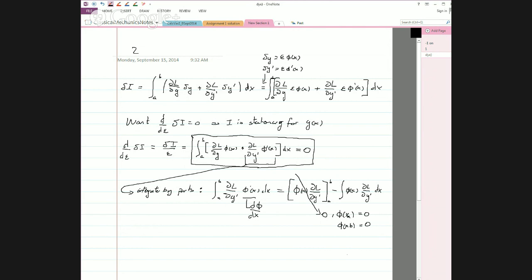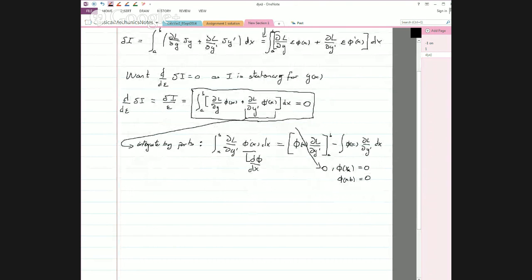Okay, so if we go back to our integral now, we've evaluated this term by parts, and so we can substitute it back in. The first term was unchanged, so that's ∂L/∂y times phi of x.